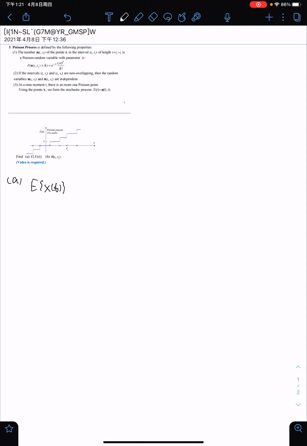We know that the probability is this, and as before, we know the Poisson distribution. We have this property.